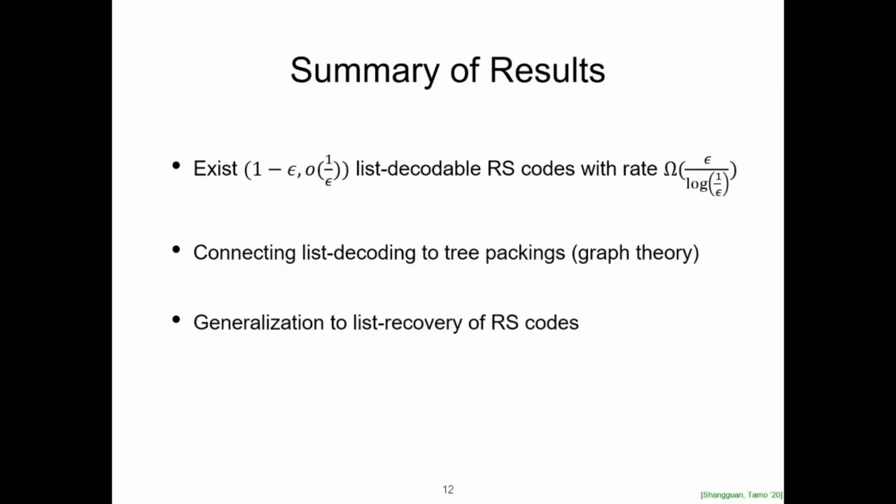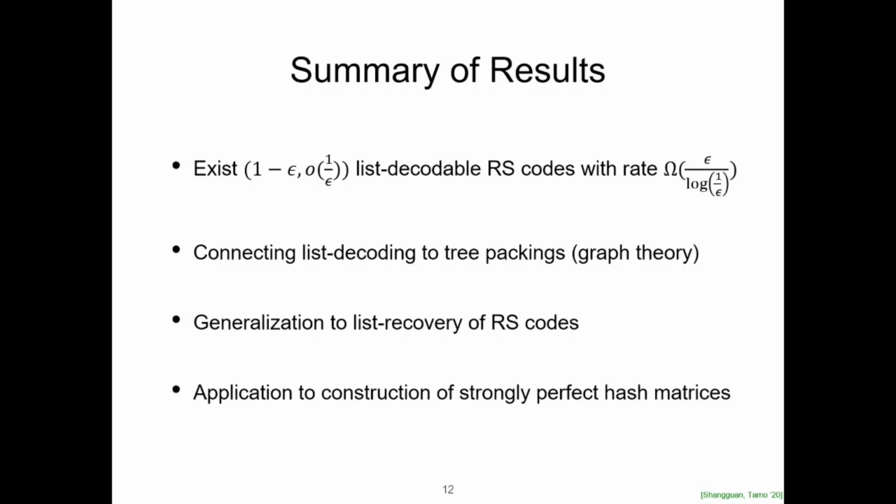We also give a generalization of our list decoding results to list recovery of Reed-Solomon codes. And finally, our proof technique has an application to explicit construction of some combinatorial objects called strongly perfect hash matrices. Due to the time limit, in this talk, we will focus on the first item, which is the result about list decoding Reed-Solomon codes.